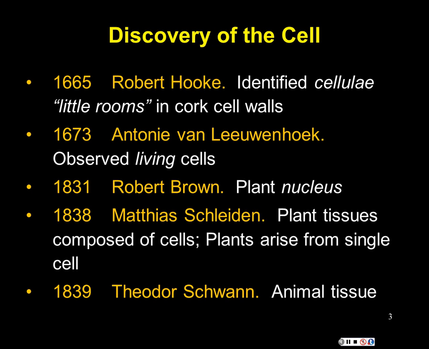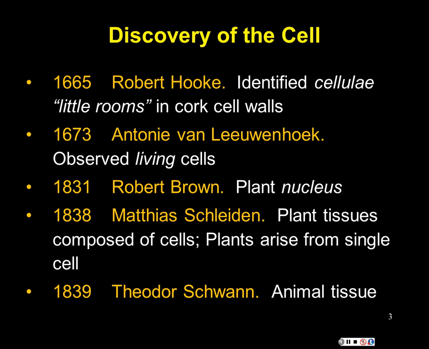So within each cell, he saw a kernel. He had no idea the magic that happens inside of that little kernel. Didn't know about DNA. People were starting to stumble upon genetics or heredity, but there was no direct connection. Nobody said there's a cell, and inside of it there's a kernel. We now call it the nucleus.